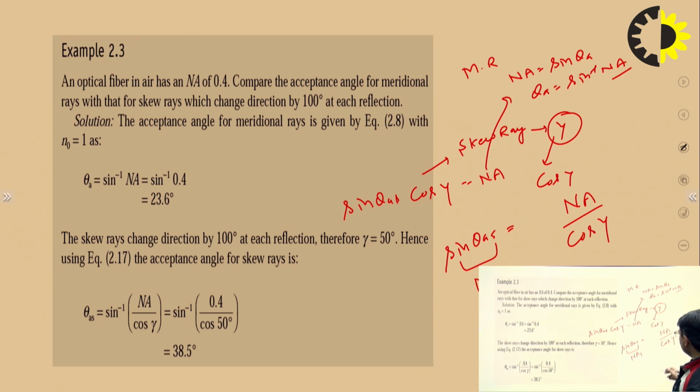And from this equation we can calculate the acceptance angle for the skew ray as sine inverse of numerical aperture over cos of angle gamma.